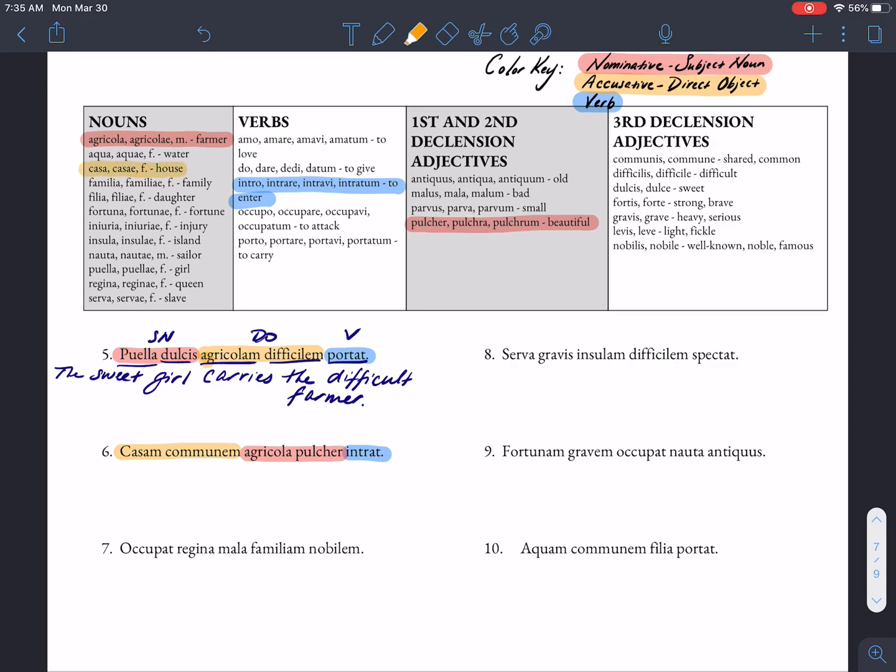So we've got casa and we've got communis, commune, shared or common. So now let's put this all together. Our pulcher agricola, so the beautiful farmer. You could also say handsome for pulcher. It can mean beautiful or handsome, depending. So the beautiful farmer, intrat, enters the communem casam, the shared house.